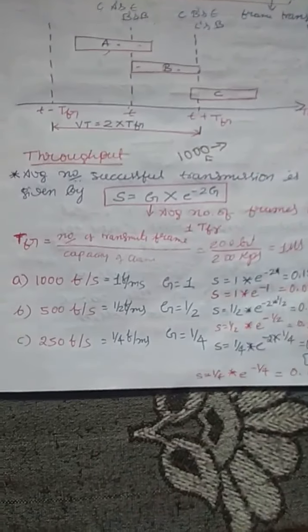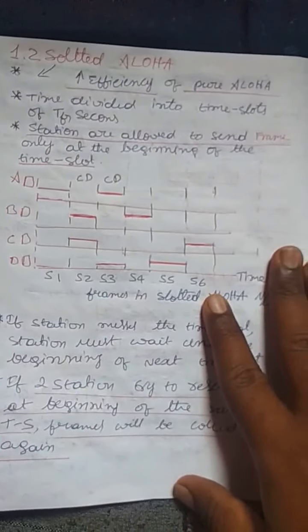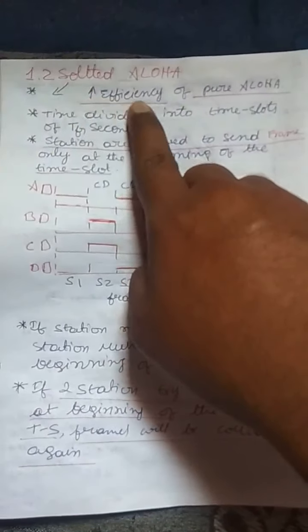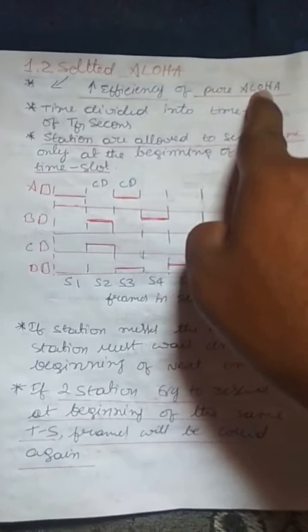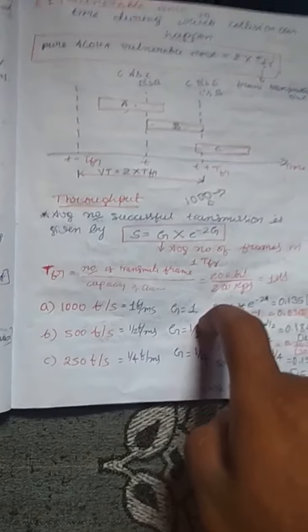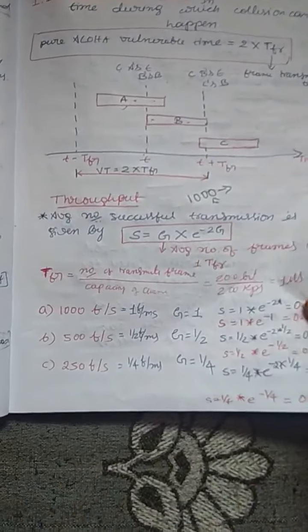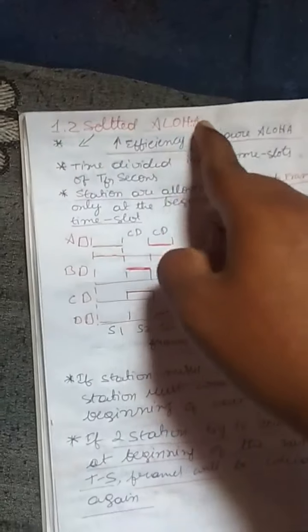Okay. Next we will discuss slotted Aloha. What is meant by slotted Aloha? Slotted Aloha increases the efficiency of pure Aloha, means it increases the percentage of successful transmission of frames. Pure Aloha has less efficiency. To improve the efficiency of pure Aloha, we use slotted Aloha.